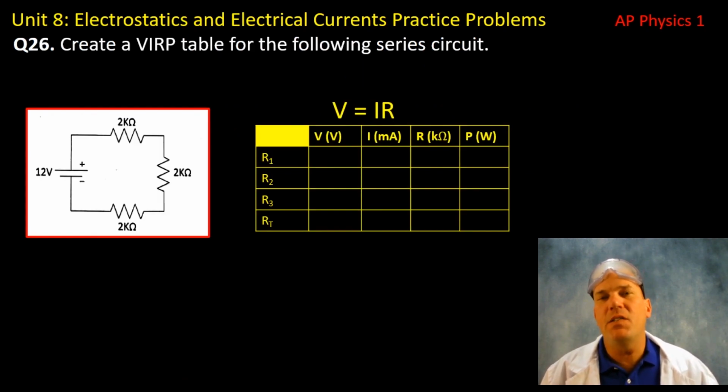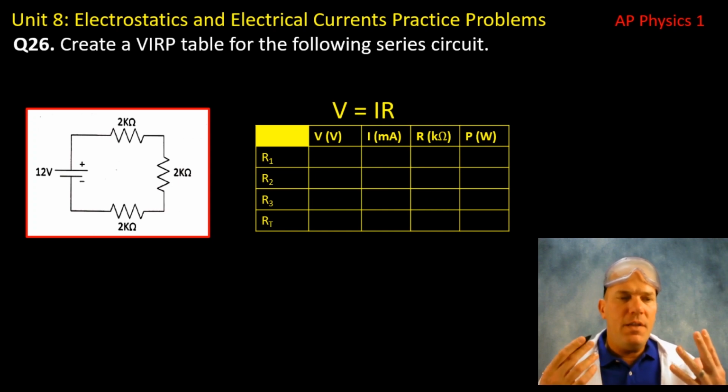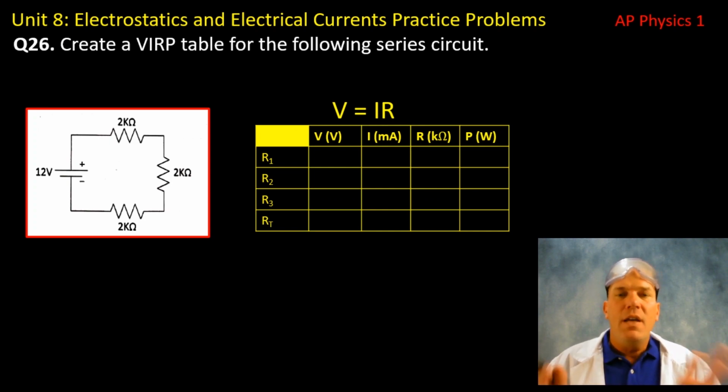Question 26. Create a VERP table for the following series circuit. So let's take a look at this circuit. This circuit has a 12 volt overall total potential difference or voltage, and it has 3 resistors, and those 3 resistors are in series. Next, we're going to lay out the VERP table.